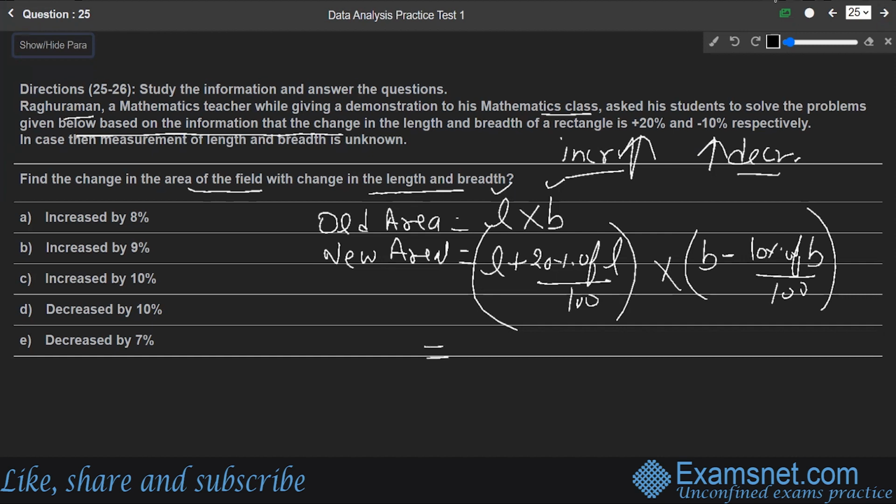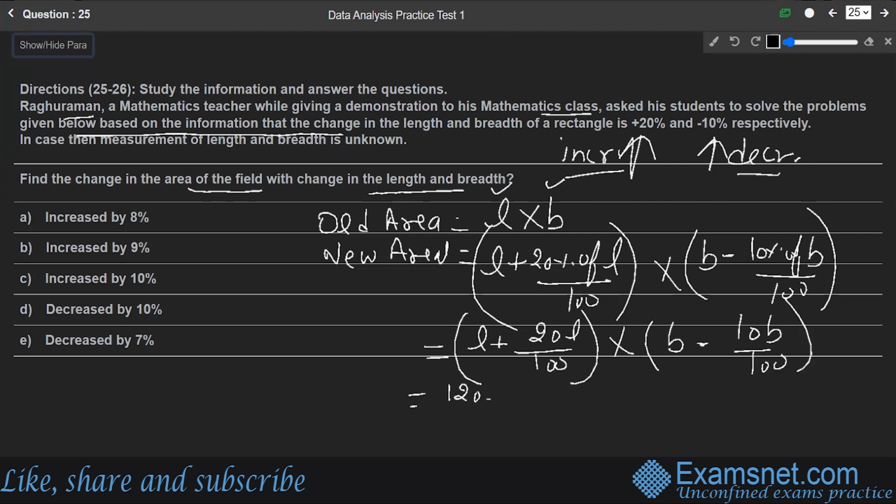So it is going to be L plus 20L by 100. And for the breadth part, it has to be B minus 10B by 100. If we solve this further, this becomes 120L by 100 into 90B by 100. So this is the new area completely.